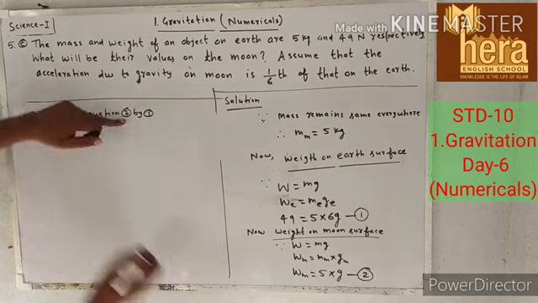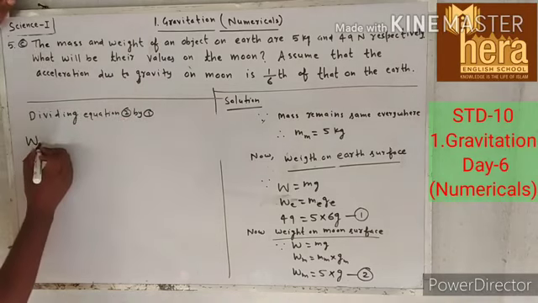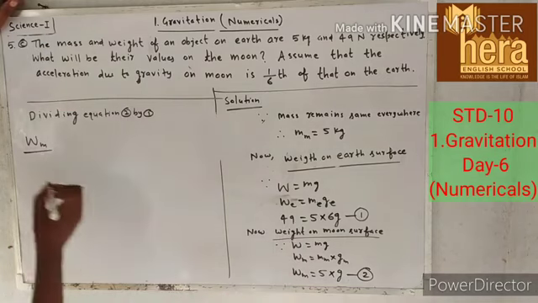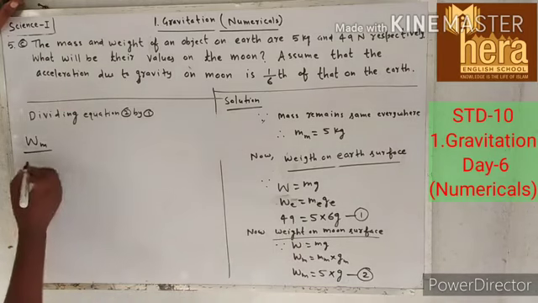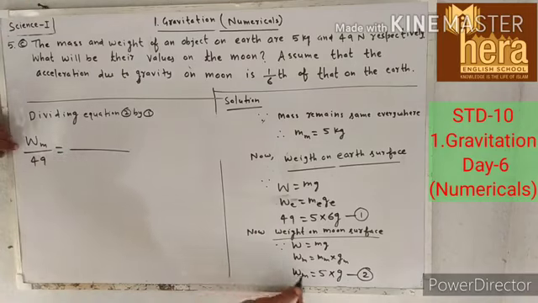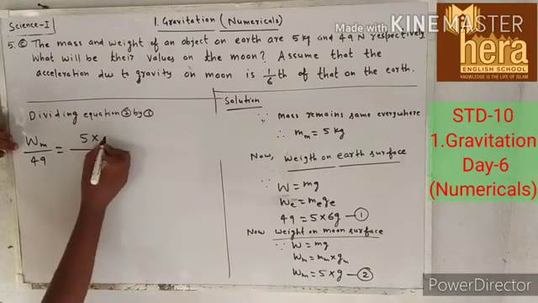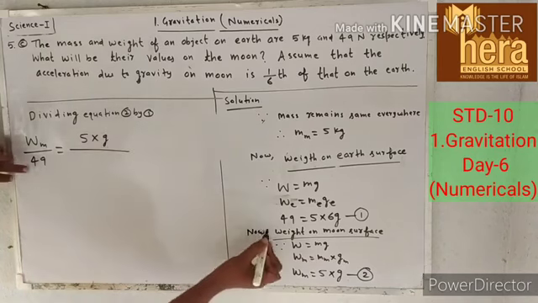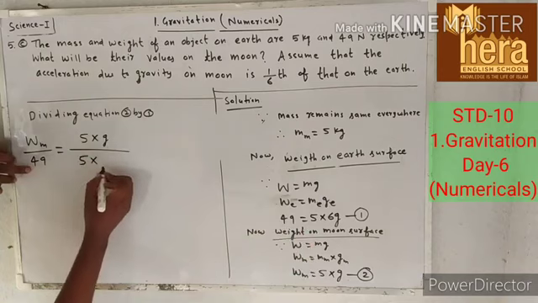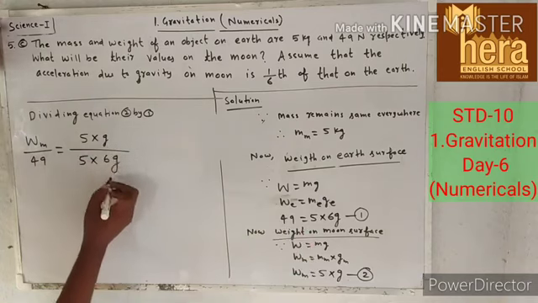Equation 2 by 1, that is Wm upon 49, is equal to Wm, 5 into g, and equation number 1 is 5 into 6g.